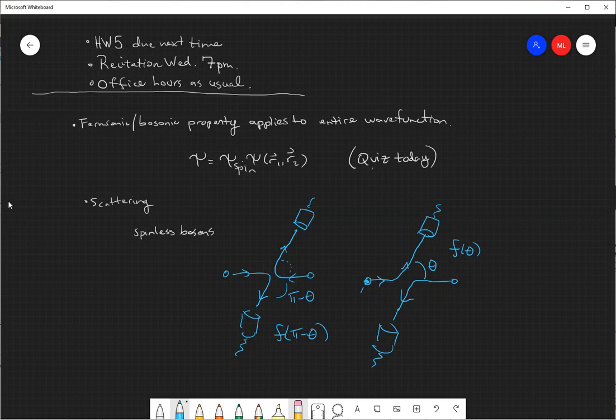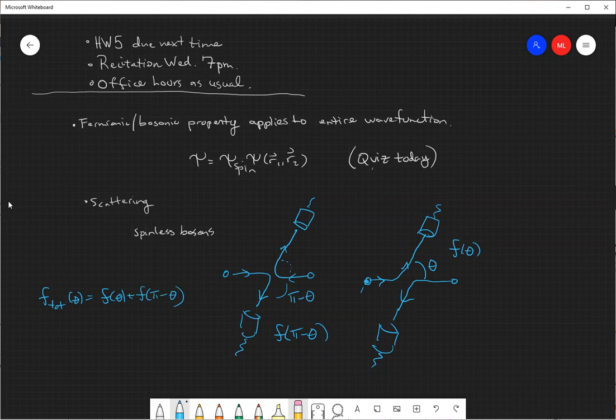Then those two scattering processes have to interfere. So that means there's a total scattering amplitude, which is just given by the sum of the two scattering amplitudes.